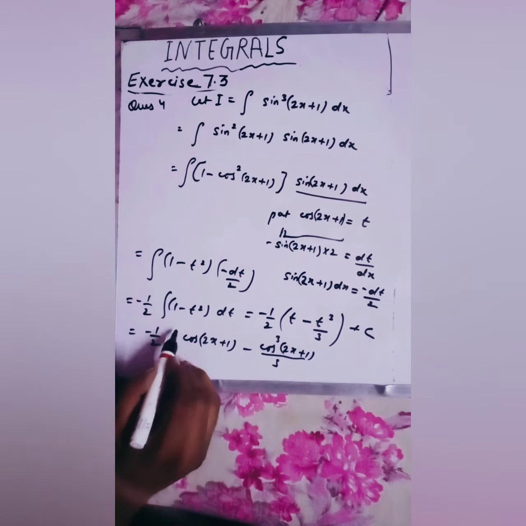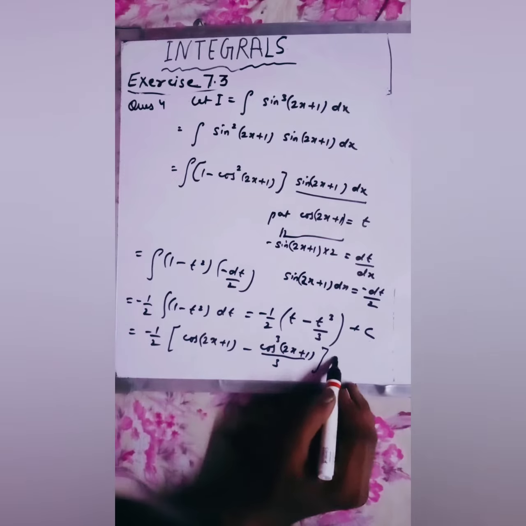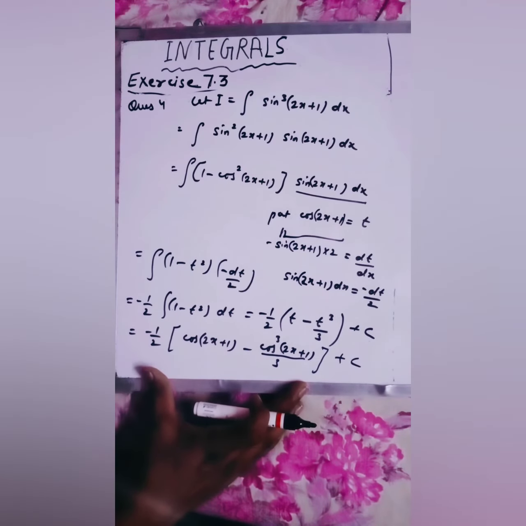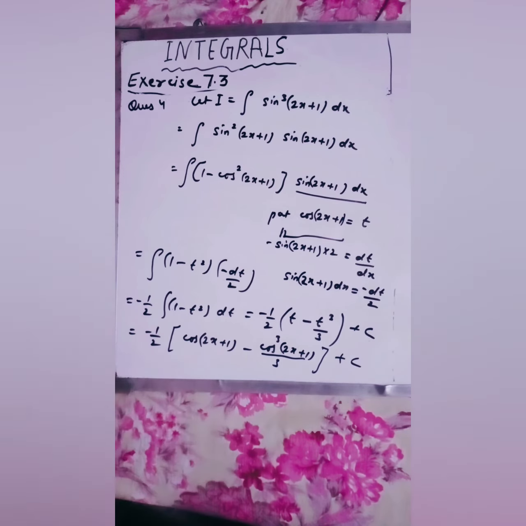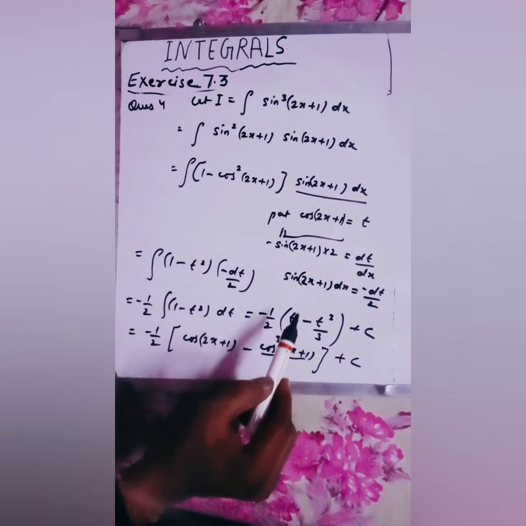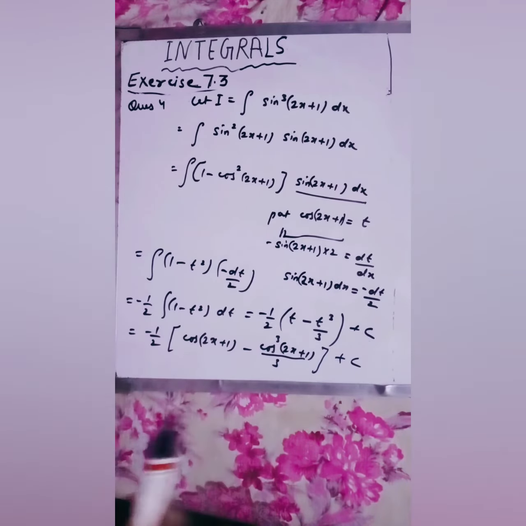Okay, plus c. Fine, so this is your final answer. Got it? I have just put the value of t from this. Okay, and you will get the required answer. Got it? Note it down.